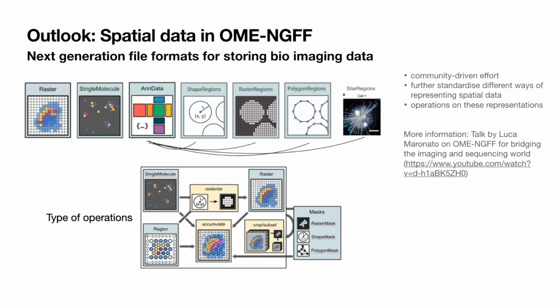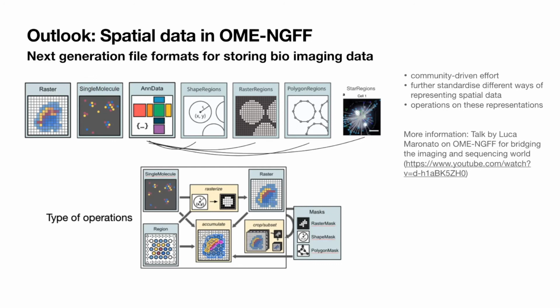And we are essentially imagining that we could store all of these different types of spatial images that you may have. You may have, like I already said, these raster images, but you also have single molecule data. And there are different ways to store all of these different types of representations in an efficient way.